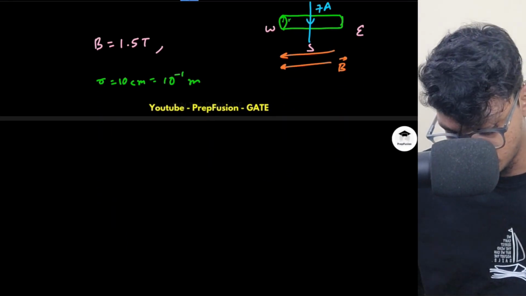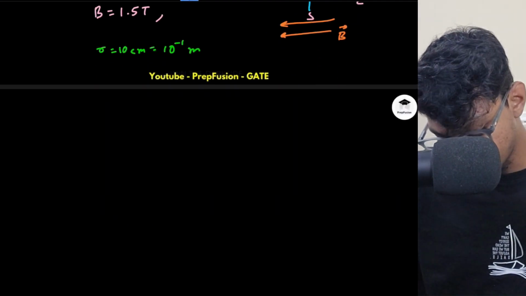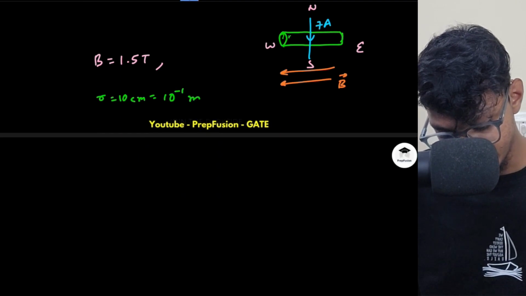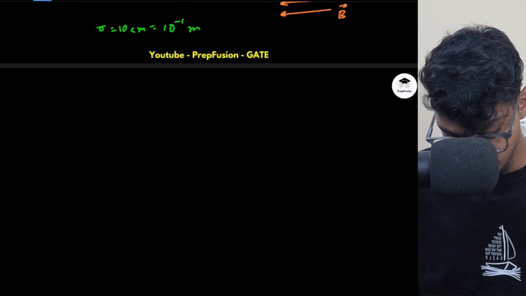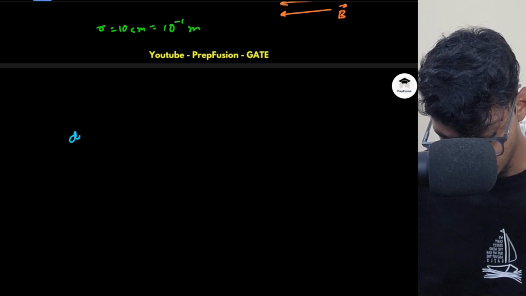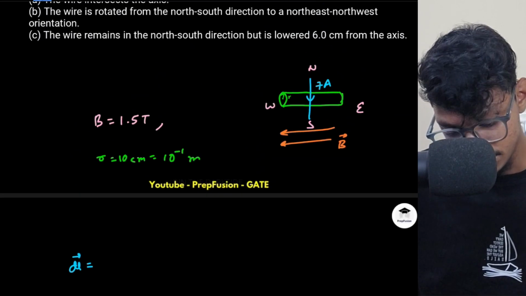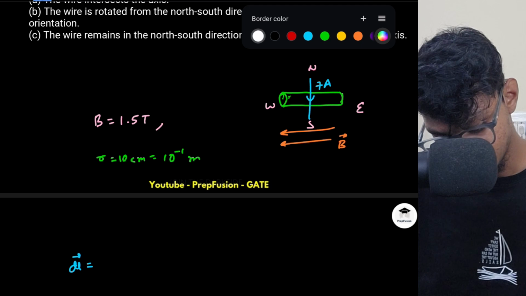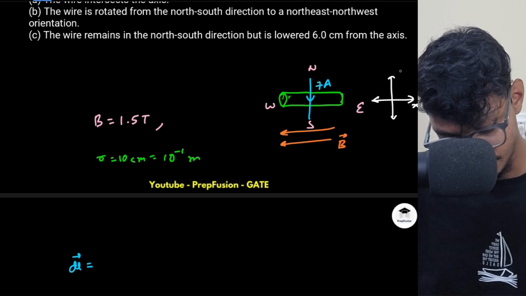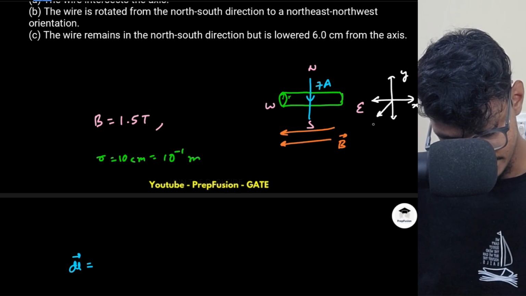To find the force on the wire, what is my L vector? This time L is straight and L is constant. So I will write down my small dl vector and its direction. Let's assume this as x, y, and this as z.